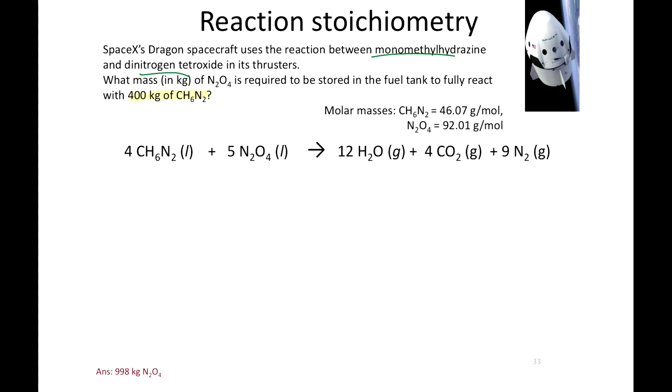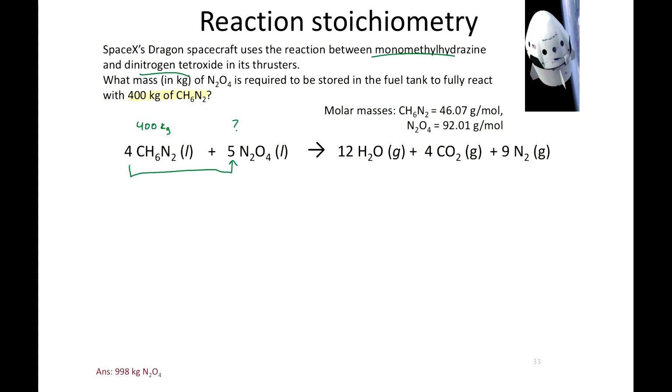So I'm telling you, oh, you have 400 kilograms of this thing, but I want to know how much of this stuff needs to react with it. In the previous examples, we used stoichiometry to go from a reactant to a product. But the great thing about stoichiometry is you don't have to go reactant to product. Once you have all those coefficients, you can take the bus to go anywhere.